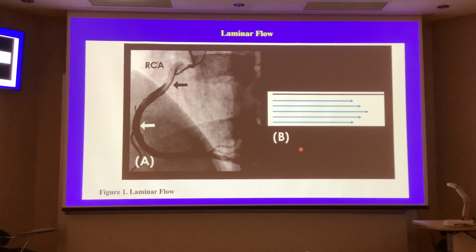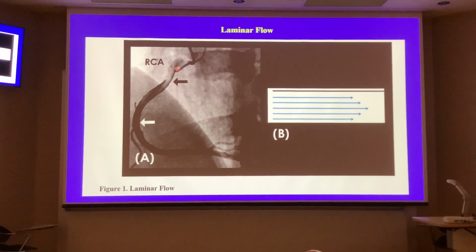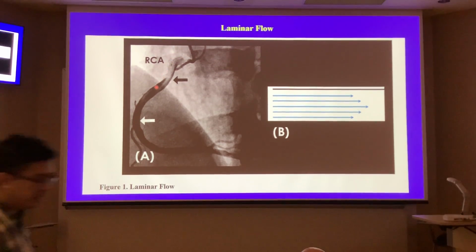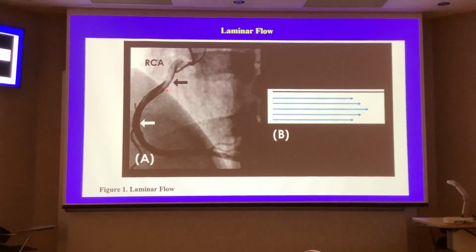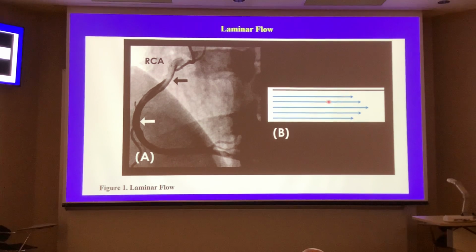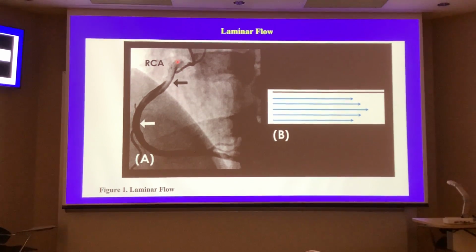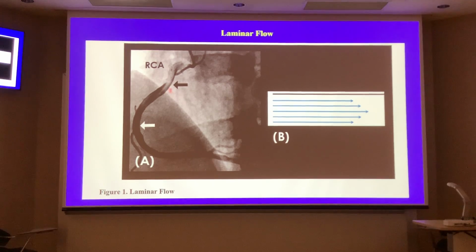For the laminar flow, this is the angiogram of the right coronary artery. The black color is the contrast and the white color is the blood flow. In laminar flow, it's very organized, and it has a pointed tip right here.